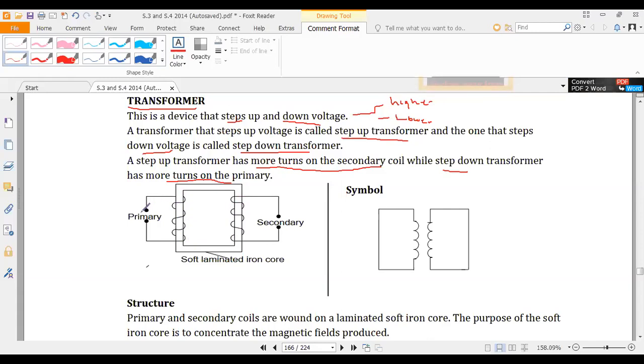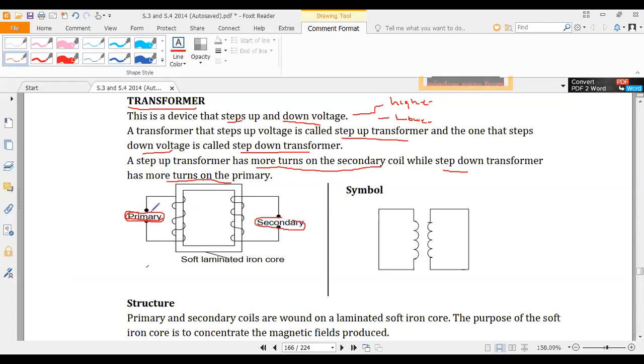The coil which is connected to a source of alternating current is what we call the primary coil. And the coil which is connected to an output is what we call the secondary coil.